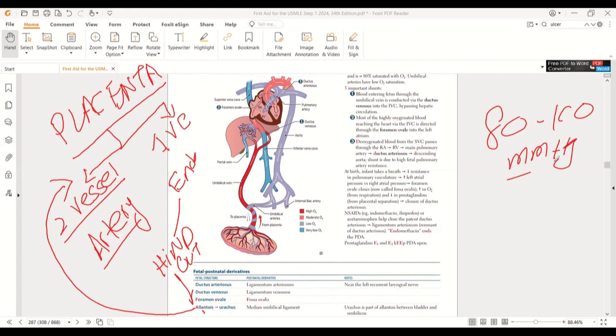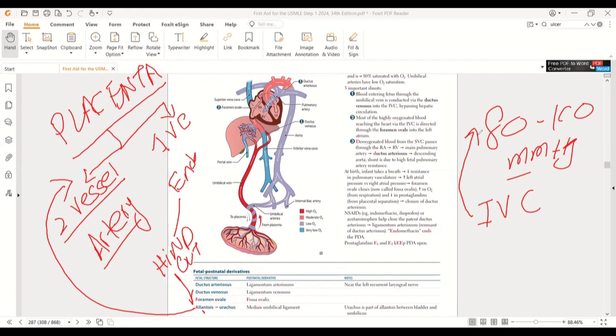So this umbilical vein gives its blood to the inferior vena cava, right? So the inferior vena cava has a partial pressure of oxygen of 80 to 100 millimeters of mercury. Am I right?